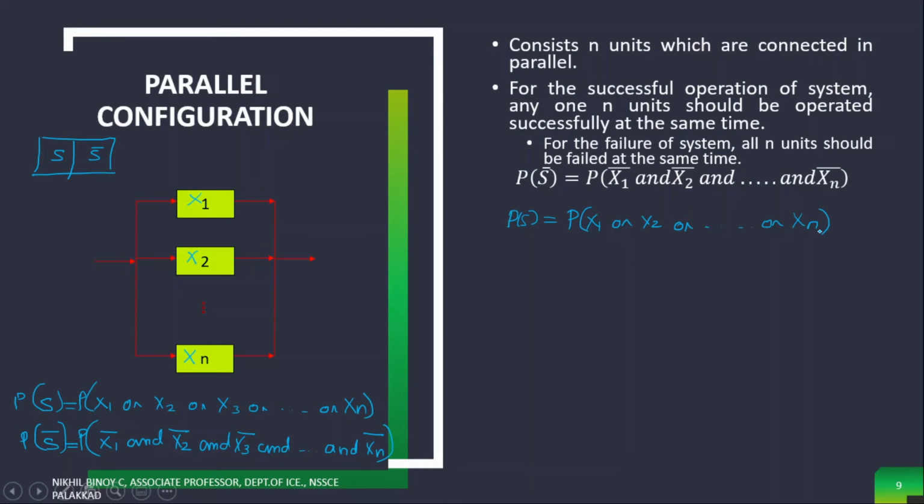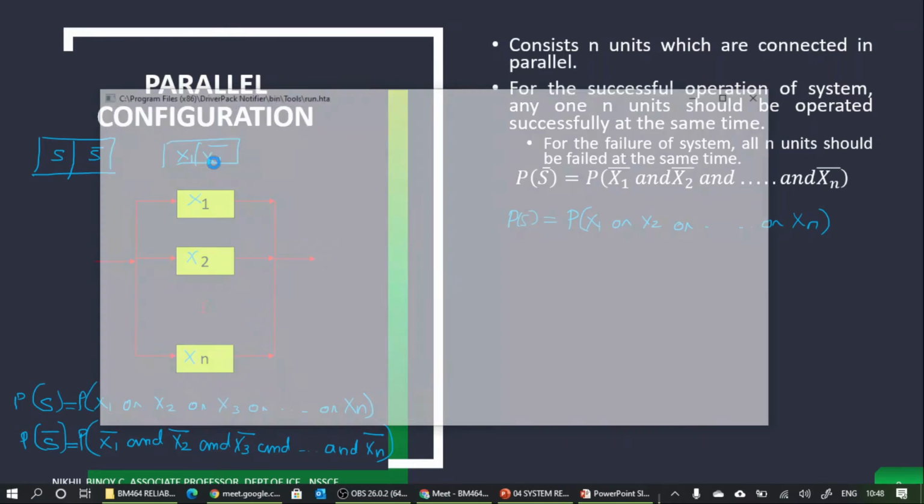So P of S is equal to P of x1 or x2 or etc. or xn. And the interesting thing is, I told you S and S bar are mutually exclusive. Then what about component 1? Its survival event and failure event are also mutually exclusive. If you take any component or any system, its survival event and failure event are mutually exclusive.